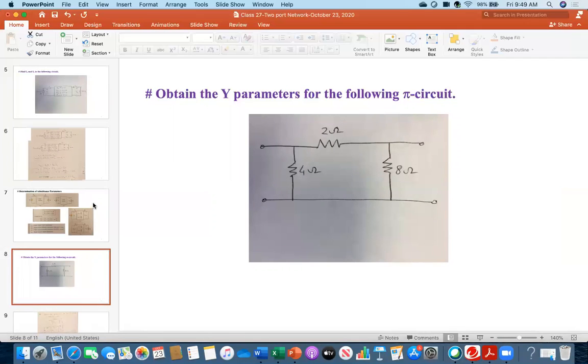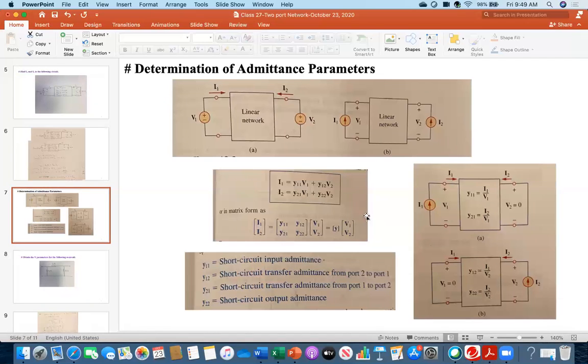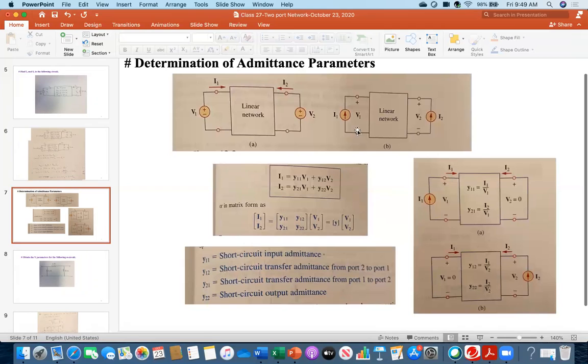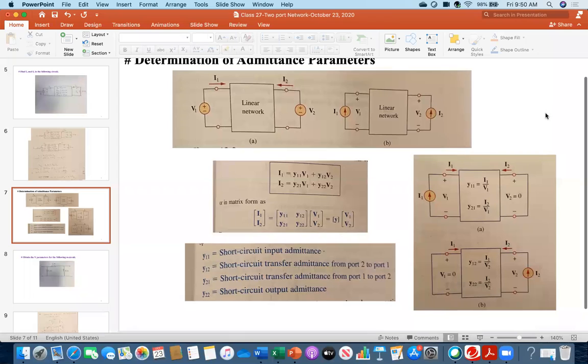What I would recommend to everybody, please write down this circuit. Draw and write down these two equations, and then write down these two, and then take your pen and paper and try that one.